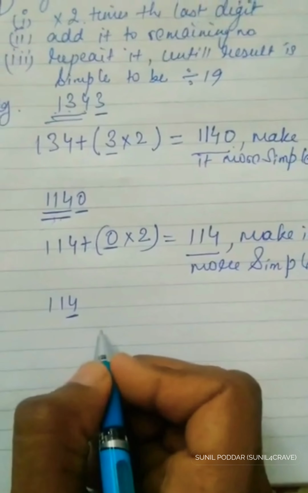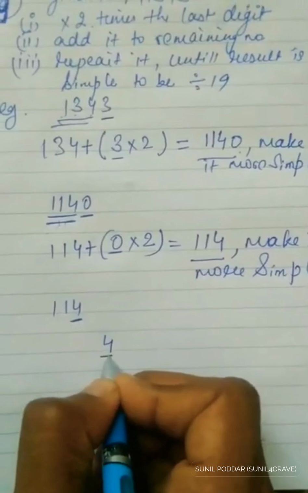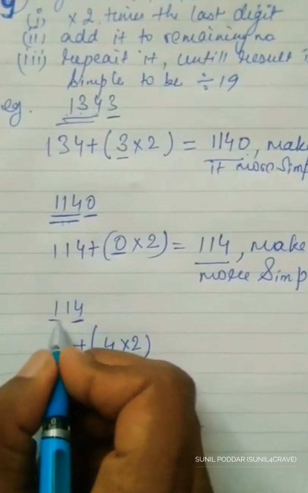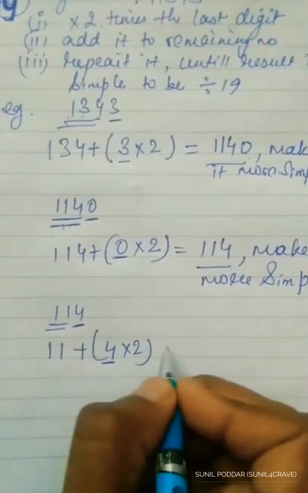Again, multiply the last digit by 2, then add it with the remaining number 11.